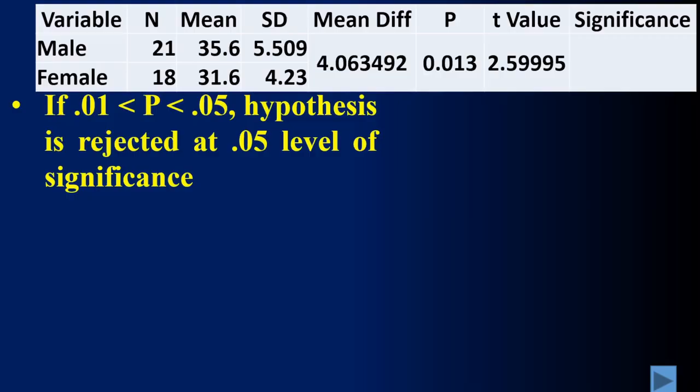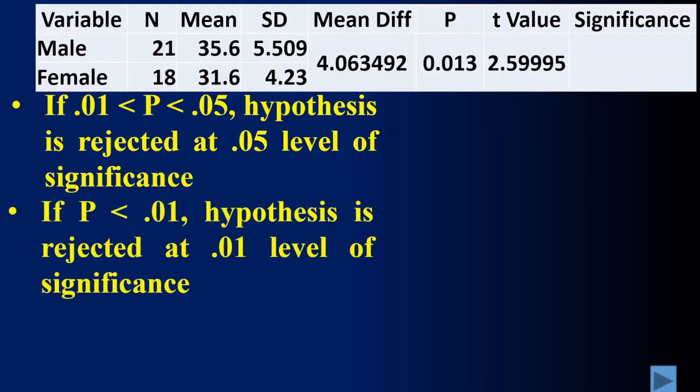For that, simple three rules are there. If 0.01 is less than P is less than 0.05, hypothesis is rejected at 0.05 level of significance. See, what does it say? If the probability value is between 0.01 and 0.05, then hypothesis is rejected at 0.05 level of significance.